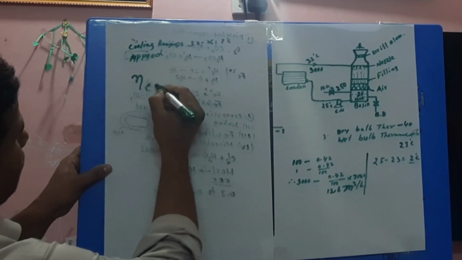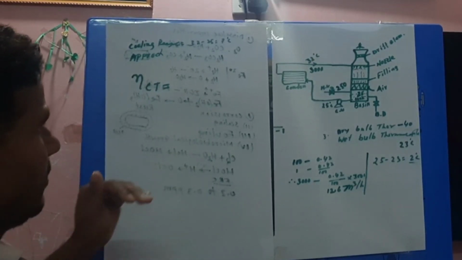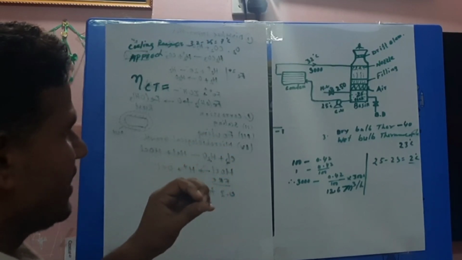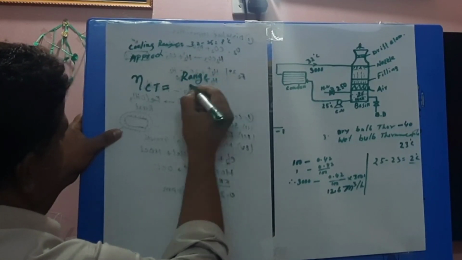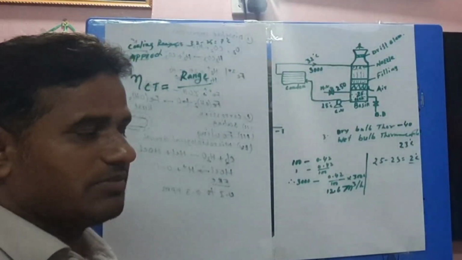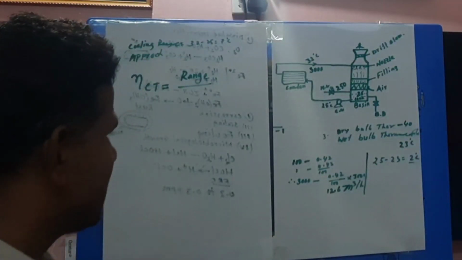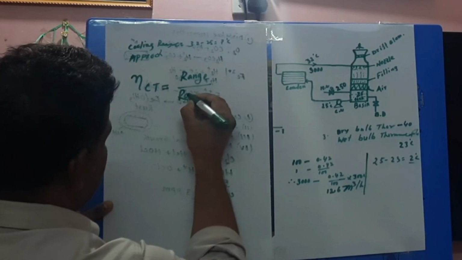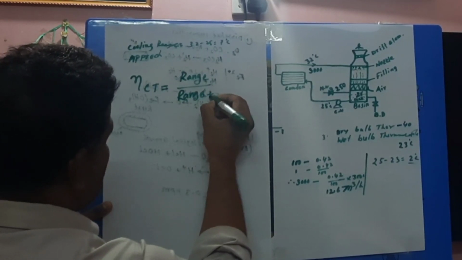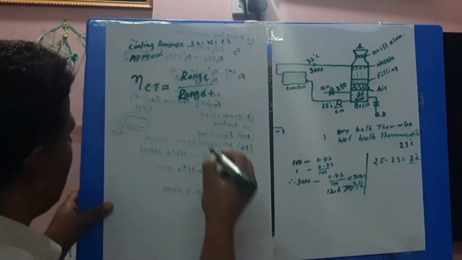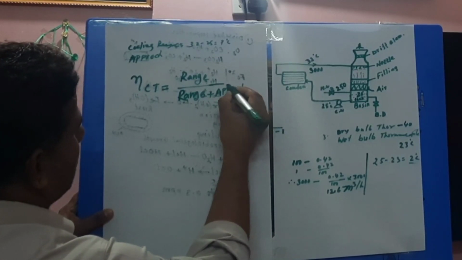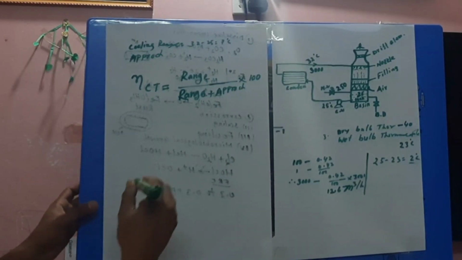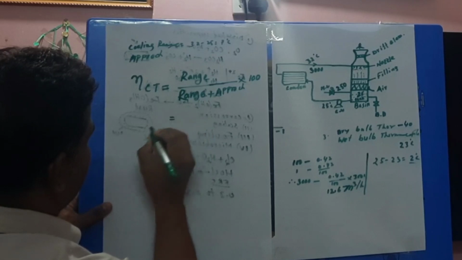Efficiency of cooling tower equals how much water temperature is possible to decrease, which is called range, that means range, divided by range plus the maximum possible decrease by the wet bulb thermocouple result, which is called approach, multiplied by 100.